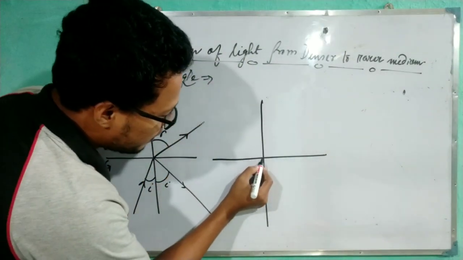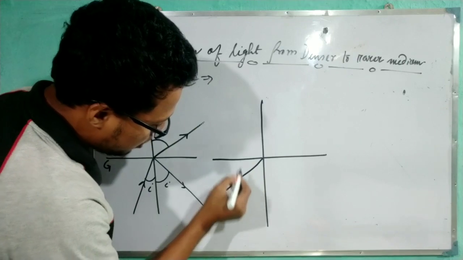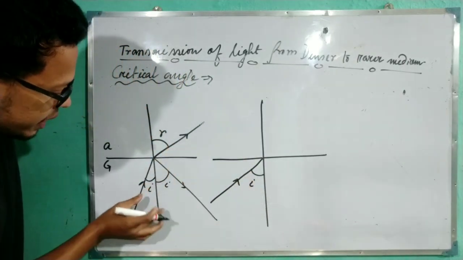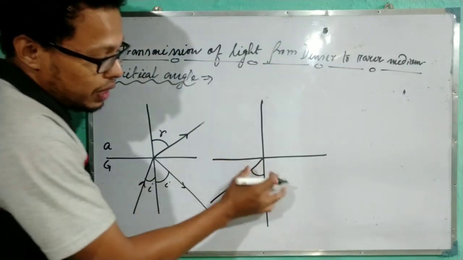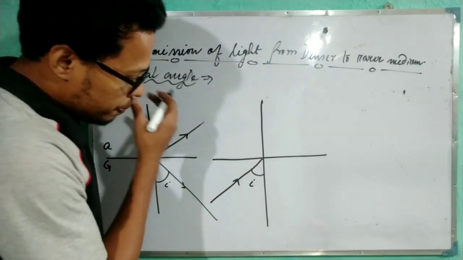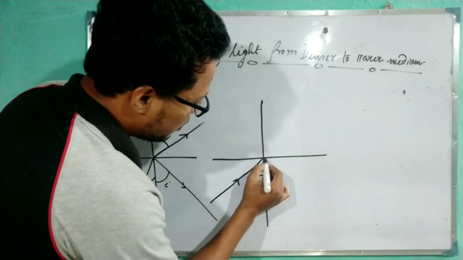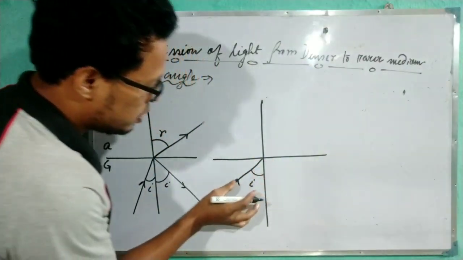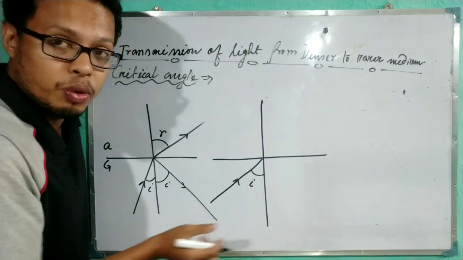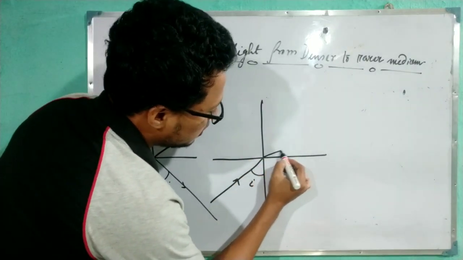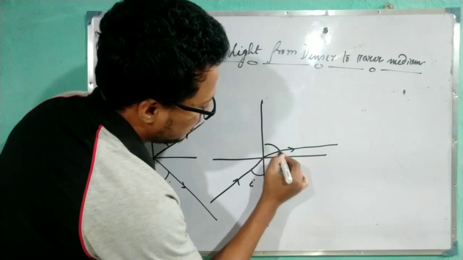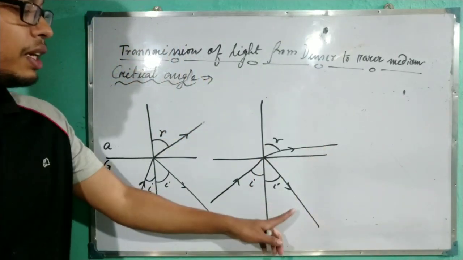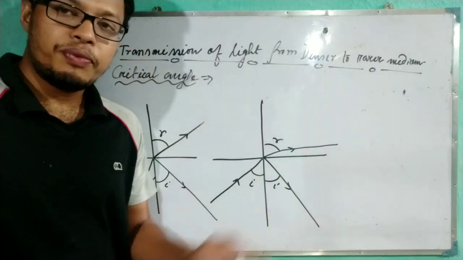Now see, here I am taking the angle, this is also I, but a little bit greater than this angle. So what will happen in this case? Again the light will bend more away from the normal because the angle of incidence is more. So this is the ray, this is R, and this will be the I. This is the reflected ray, this is the refracted ray.